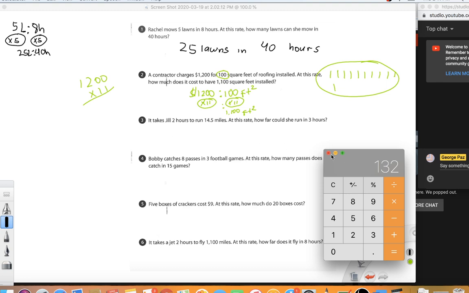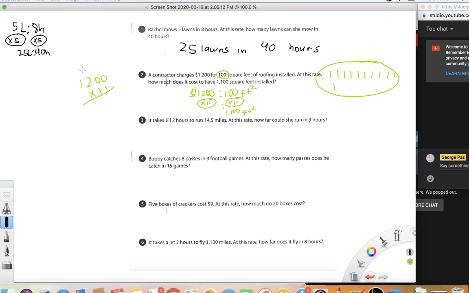When you do 1,200 times 11, 12 times 11 is 132. After that, we just add these two zeros, and that would be our answer. I can show you over here as well. You know how to do it this way, but we would get the same number.